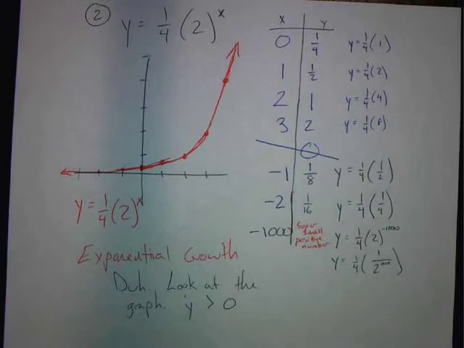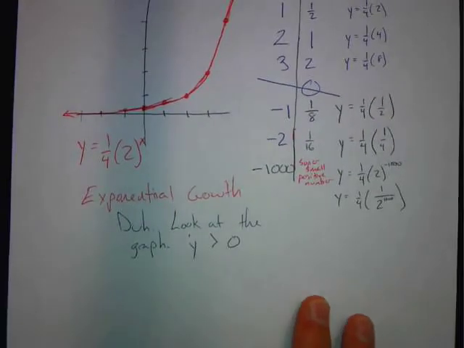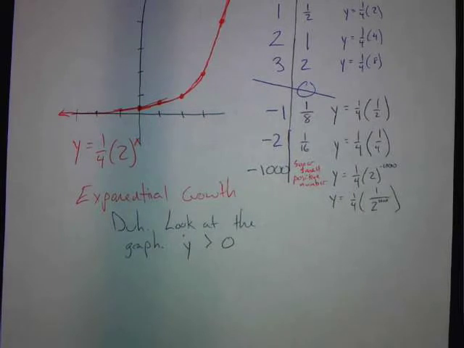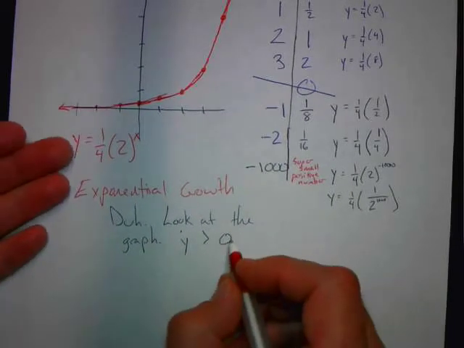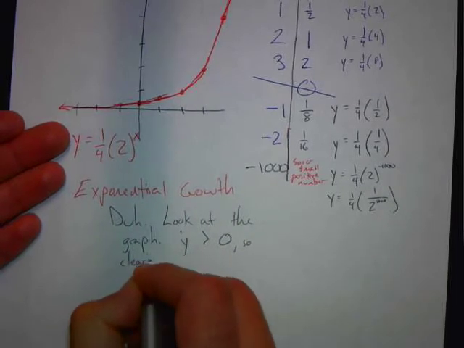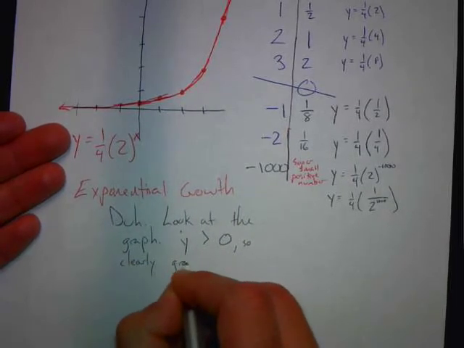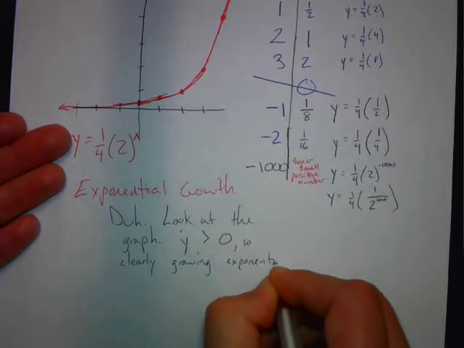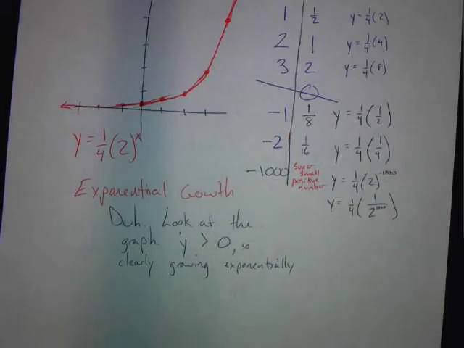Since y is greater than 0, clearly it's going to be exponential growth. So it's not just the fact, duh, look at the graph. Y is always greater than 0, so it's clearly growing exponentially. And that's why we can say, duh, look at the graph.